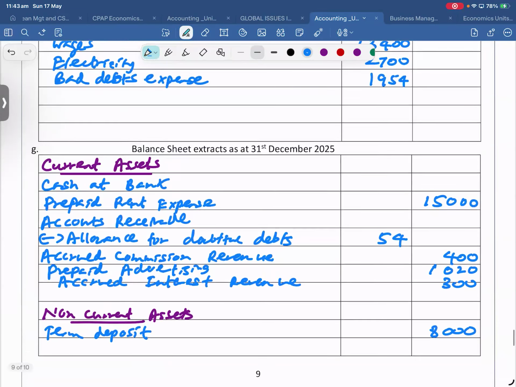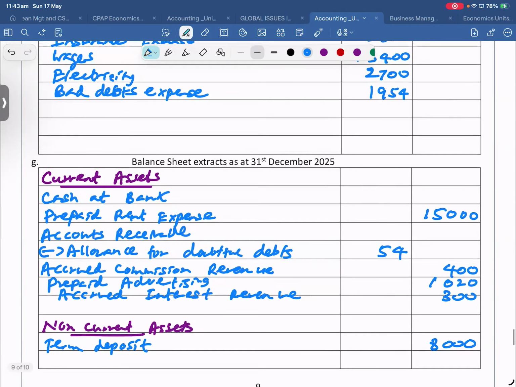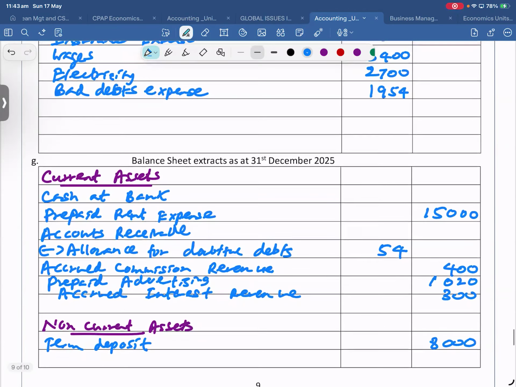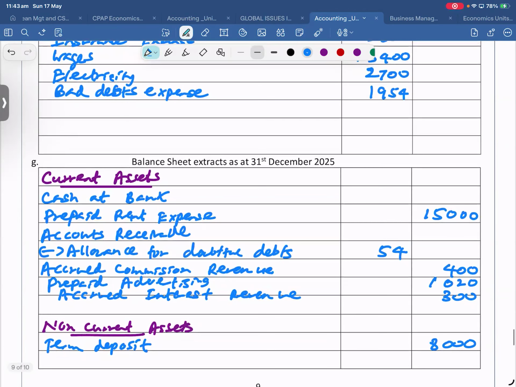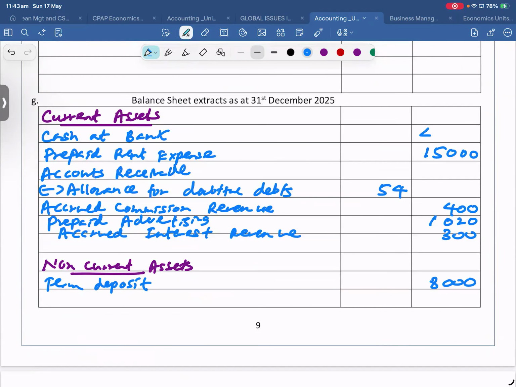Okay. Right, next one, guys. Cash at bank 41,940, current asset. 41,940.